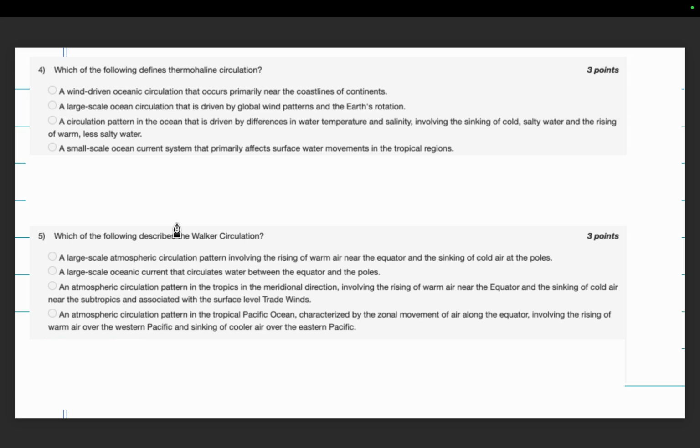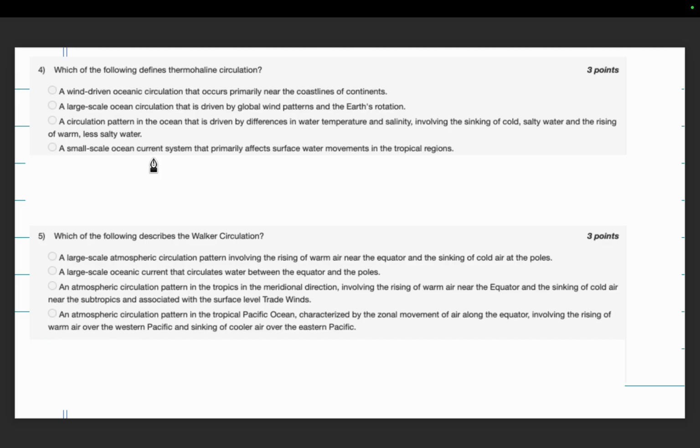Option 3, a circular pattern in the ocean that is driven by differences in water temperature and salinity, involving the sinking of cold salty water and the rising warm, less salty water. And option 4 is a small scale ocean current system that primarily affects surface water movement in tropical regions.